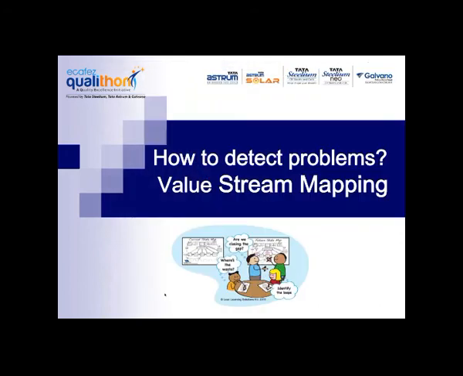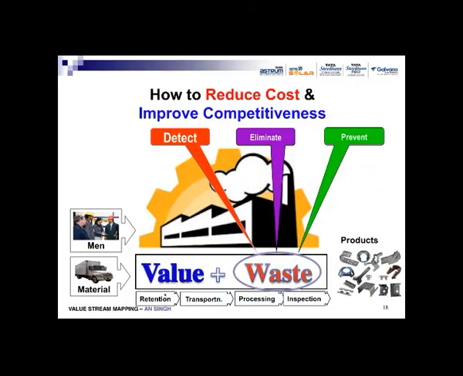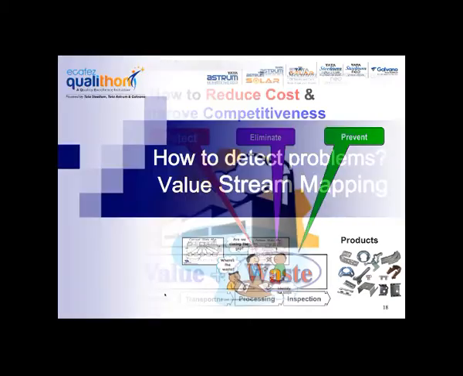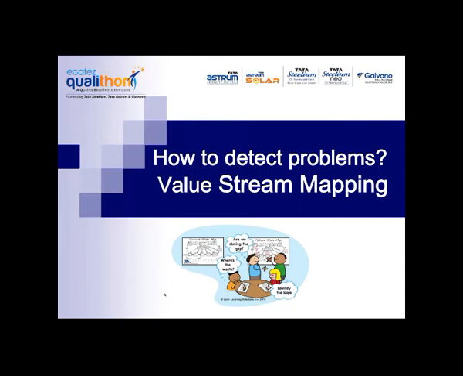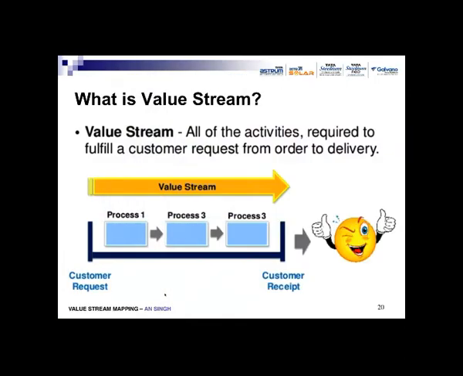Value stream mapping is the most effective tool for detection of waste. So how do you detect the problems hidden in your process? Just go for value stream mapping. First, we have to understand value stream mapping.